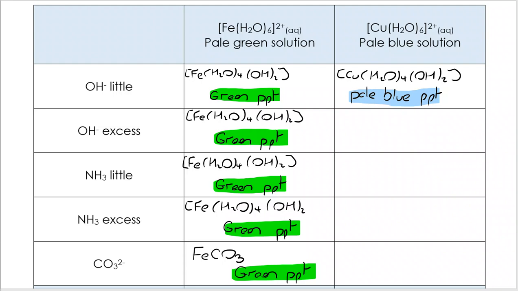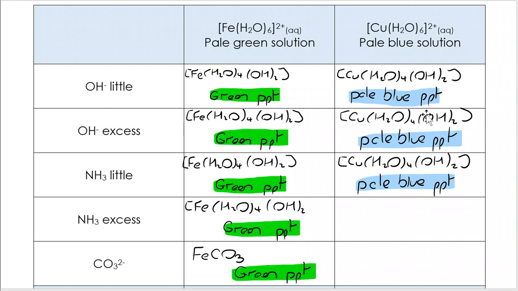However, you also can simplify this by reminding yourself that a little bit of NH3 will act in exactly the same way. So we still end up with Cu(H2O)4(OH)2, the pale blue precipitate. We've also got the good news here that an excess of OH minus has no impact. It doesn't go any further. So all 3 of these are identical.